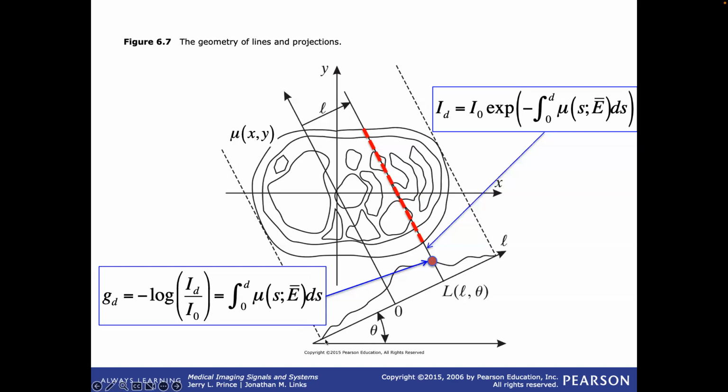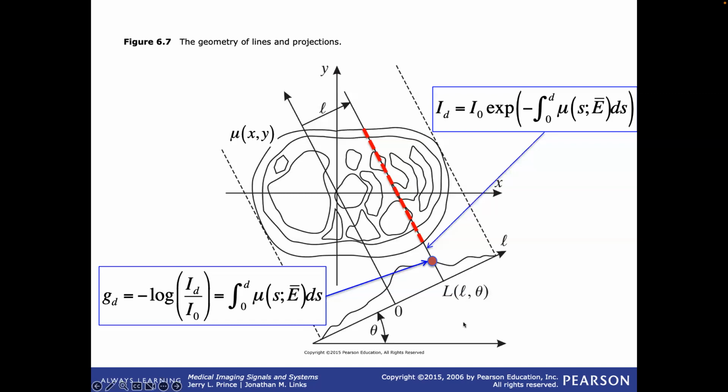I get a value. This G value is just 1 point here, right, for this one line. But I have all of these detectors in L, and so I have a function of L for all these different detectors. And then what I'm going to do is take a whole series of those measurements with different theta values. Okay?